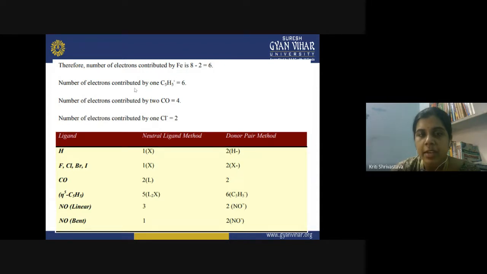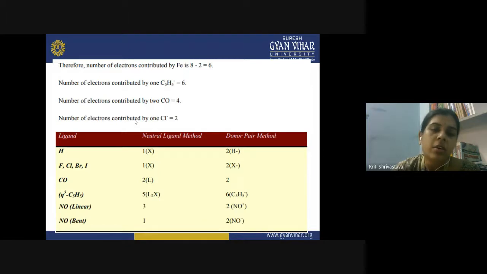Then the number of electrons contributed by one cyclopentadienyl would be 6, because now we have paired the electrons. 5 are coming from the C5H5 and 1 negative is also there. So a total of 3 electron pairs or 6 electrons are coming from this ligand. Then the number of electrons contributed by 2 carbonyl: 4 electrons are coming because it is an L type of ligand.